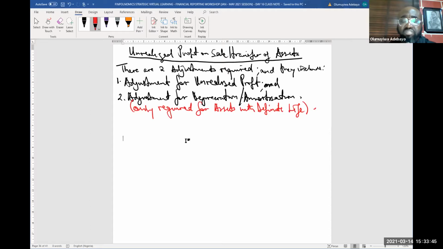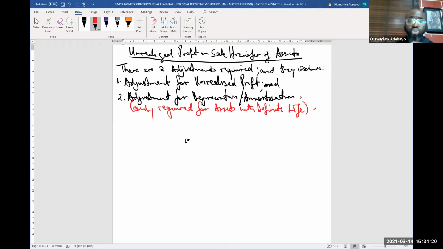And since we have deemed it fit to reverse the profit at the group level upon consolidation, every year, the impact of the depreciation based on the transfer price must also be eliminated, the same way we eliminated the profit. And that is what gave birth to the second adjustment. But the second adjustment is only required where such assets transferred are depreciable assets, either subjected to depreciation or to any basis of cost allocation, such as amortization.